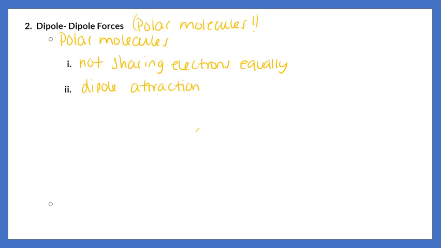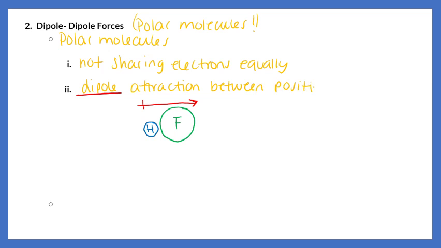So for instance, if we had fluorine bonded to little tiny hydrogen, we would create this thing called a dipole. So I'm underlining dipole in red, and what I'm drawing in red is a dipole, okay? It's this dipole attraction between the positive and negative.